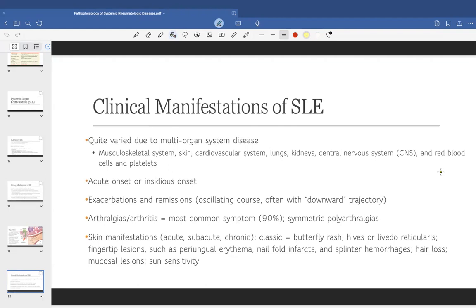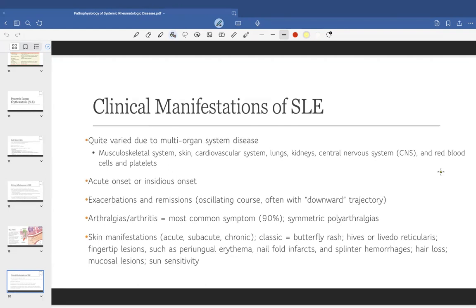It can be acute or insidious in onset. Typically, it follows a period of exacerbations and remissions, but overall, the trajectory tends to be downhill, with worsening function in the patient the more exacerbations they have.